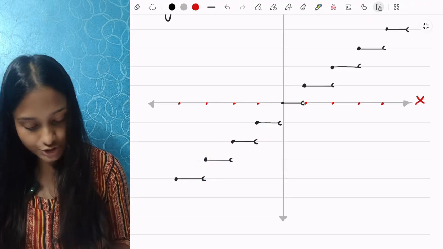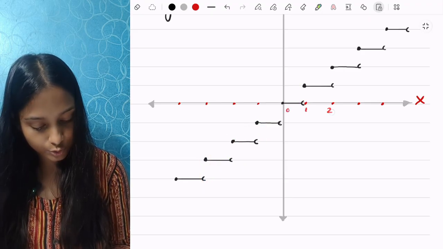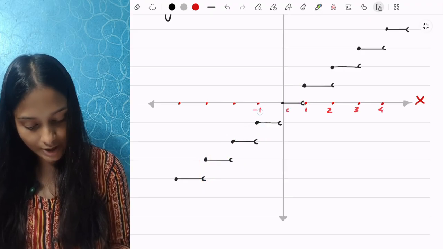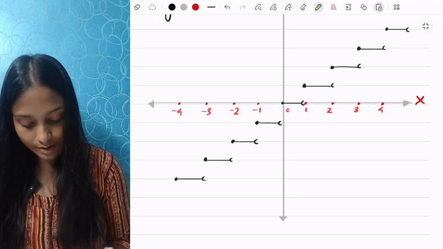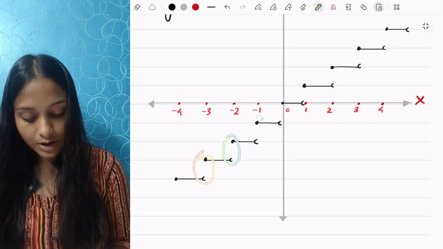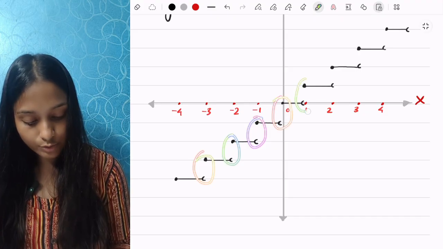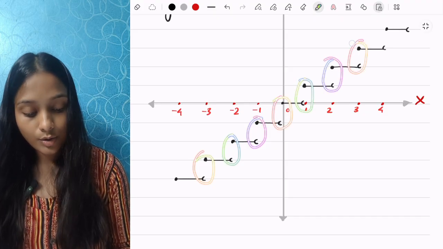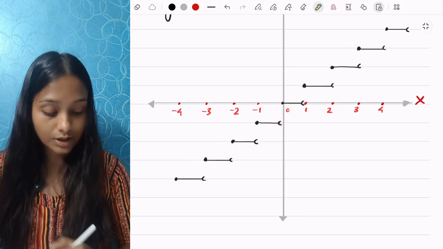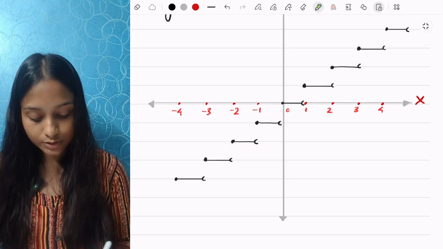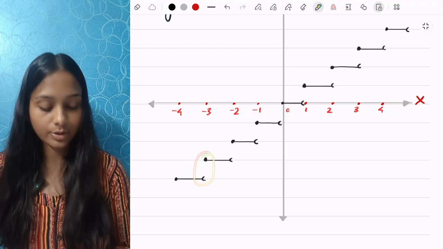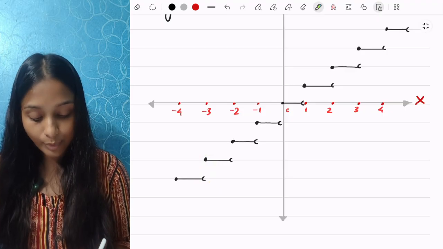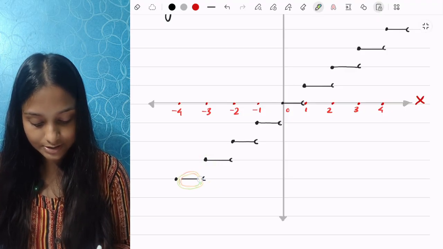So these are the integers: 0, 1, 2, 3, 4, and this is minus 1, minus 2, minus 3, minus 4. There are gaps in the integer parts, so we can't plot it continuously.